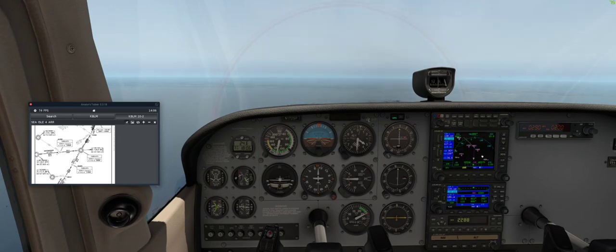And most simmers that are flying in X-Plane, they prefer realism over simplicity. They don't want realism sacrificed to make it simpler or to lower the learning curve, etc. And that's really where new people struggle to really embrace X-Plane.